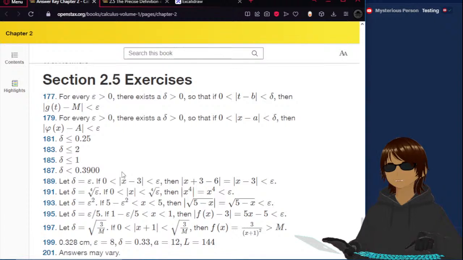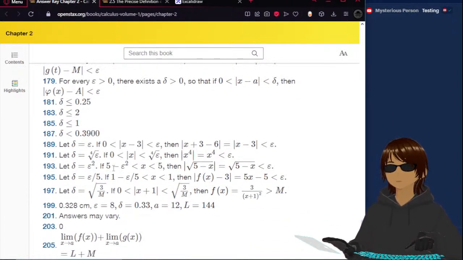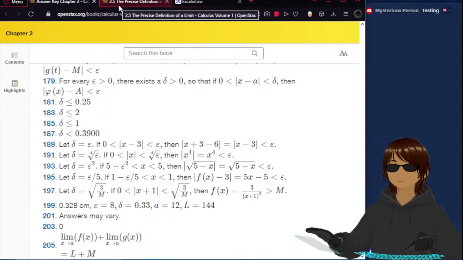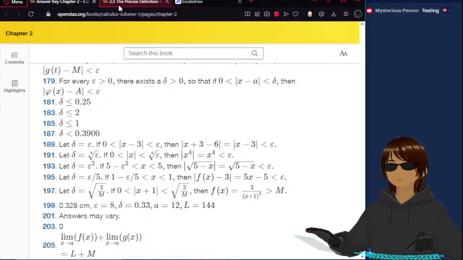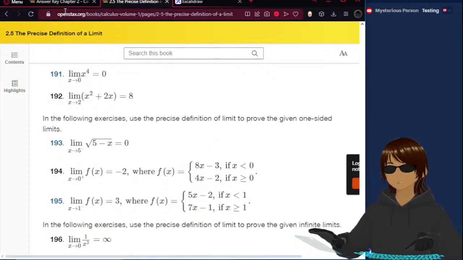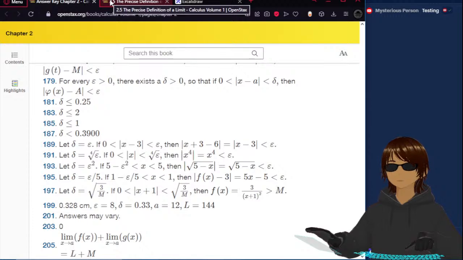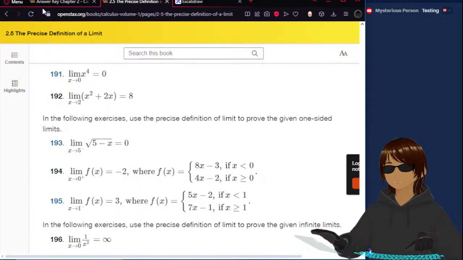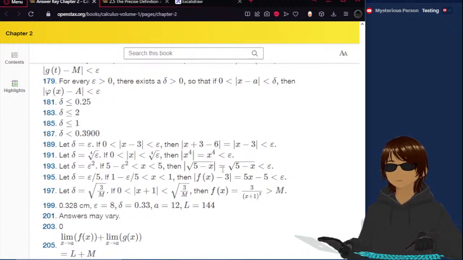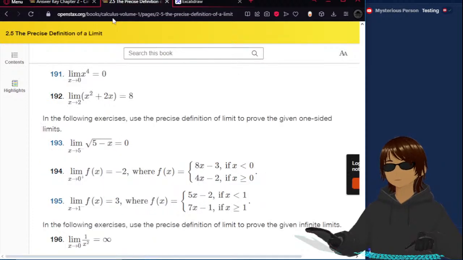Let's say 193. What is this? I didn't understand this.